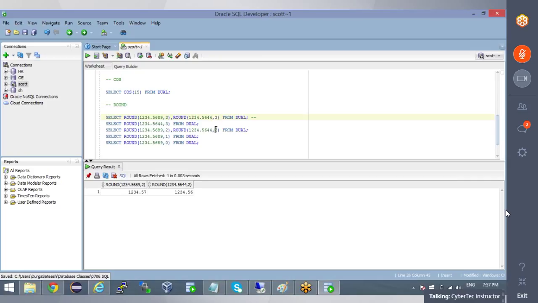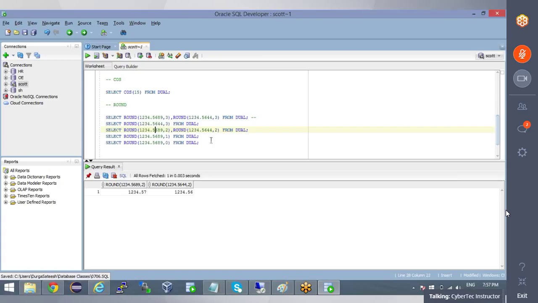Now here it is a case of 2 digits after the decimal. So we have to check the third digit after the decimal, and based on that third digit, we can take an action on the second digit. In the first case, my third digit value was greater than or equal to 5, so I could increment the second digit by 1.